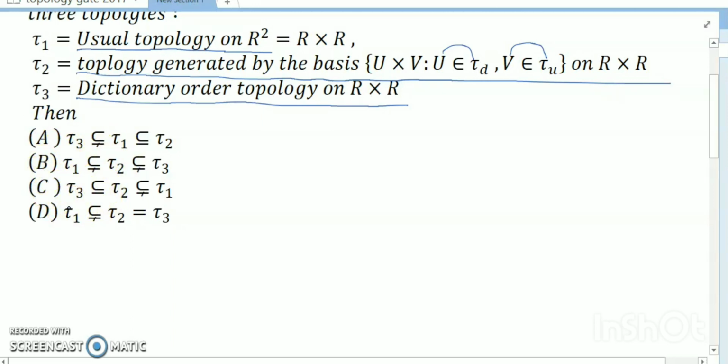This we need to discuss. I hope that you can read the total question clearly.